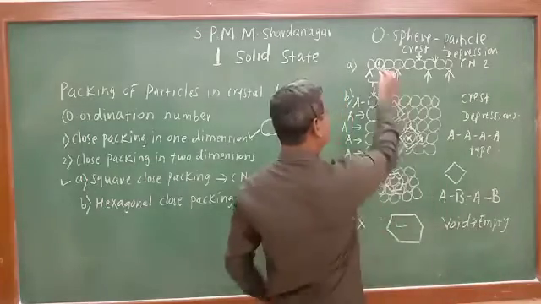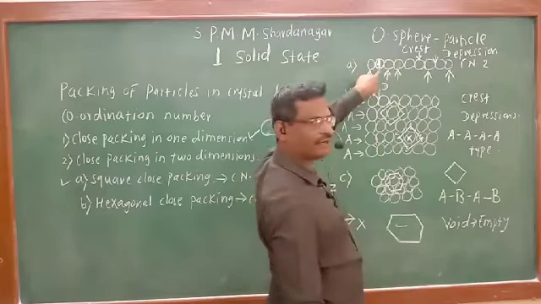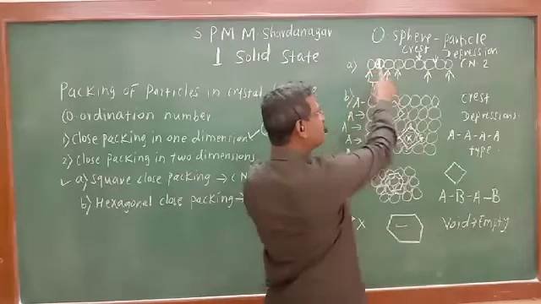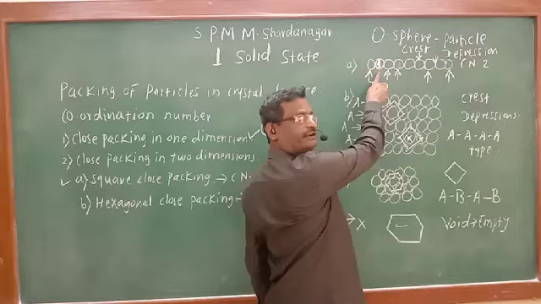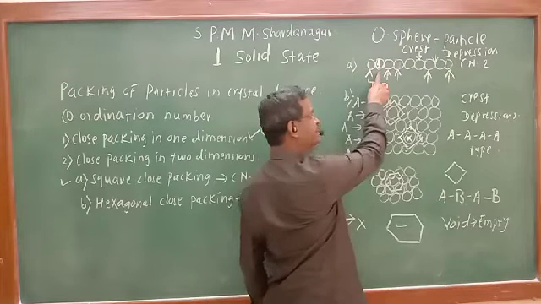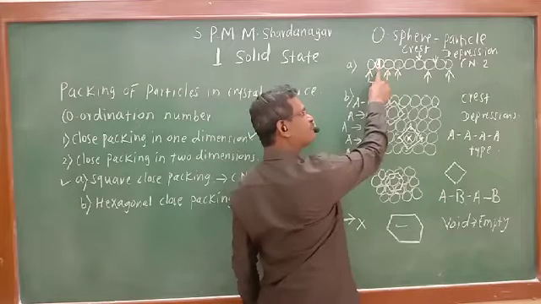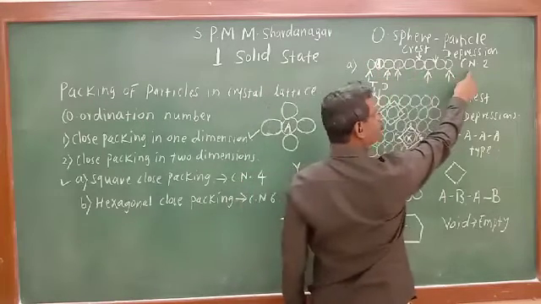Now see here, suppose this is the sphere I am considering, written as 1. This sphere is in contact with how many other spheres, other particles? 1 and 2. So the coordination number of this is equal to 2.